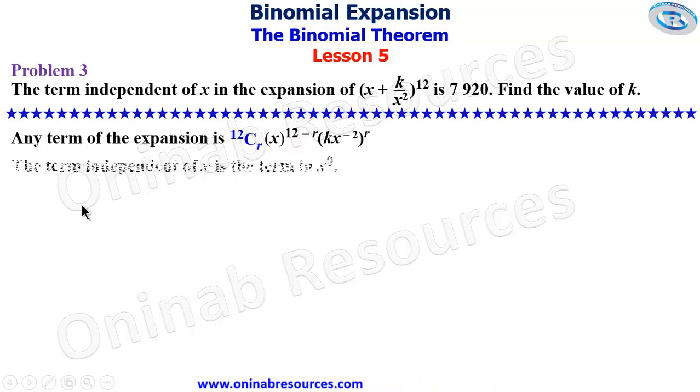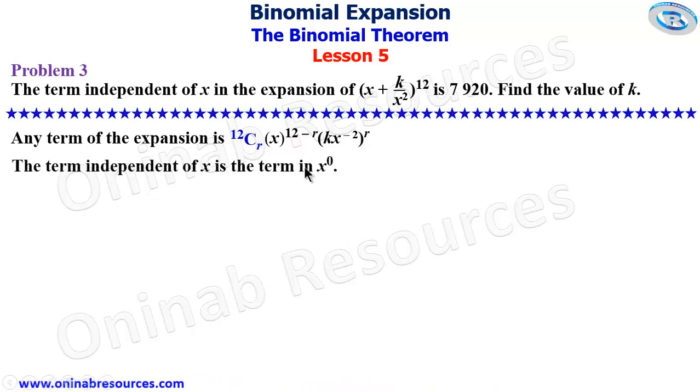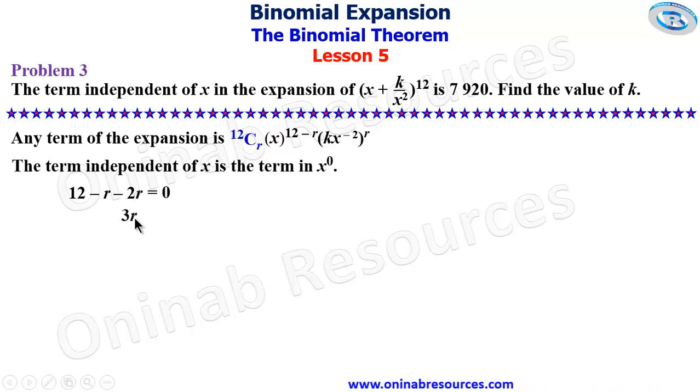The term independent of x is the term in x raised to power 0. So in that case, it means when you add the indices of the part involving x, you are going to have it equal to 0. So we have 12 minus r minus 2r is equal to 0, which is going to give us 3r is equal to 12.